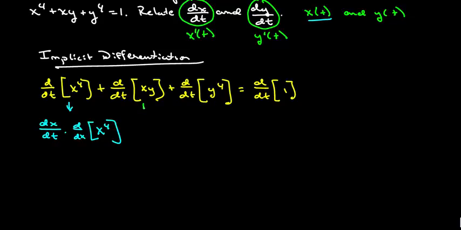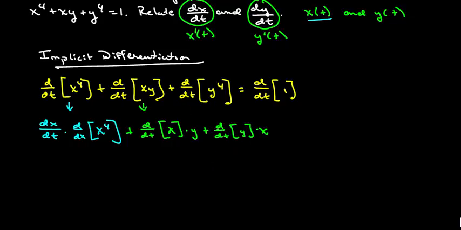Now let's do this green guy here. I need to do this using the product rule because I've got the product of two different functions. So this would be d/dt of, the derivative of the first times the second plus the derivative of the second times the first.